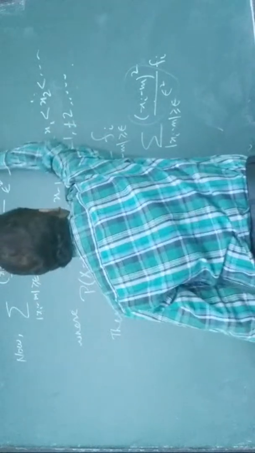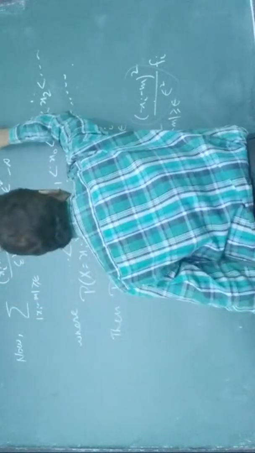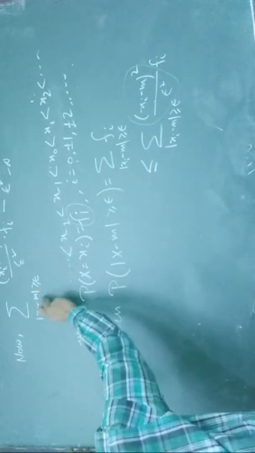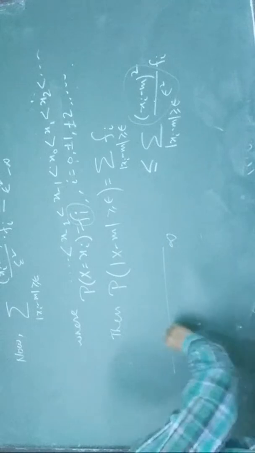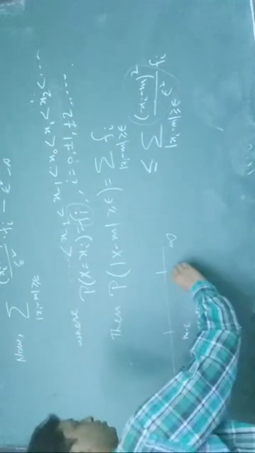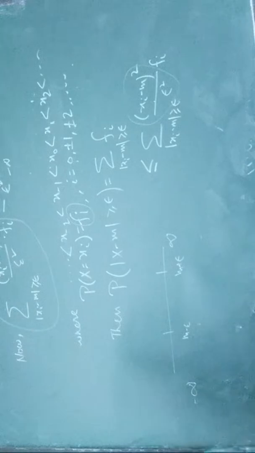I am taking this over the whole range. Let me write first. Why? Because the total range is minus infinity to infinity, and you are considering only m minus epsilon to m plus epsilon. So this must be less than or equal to this. If you take the total mass, it will be more than this. So what is this? This is nothing but your sigma square.